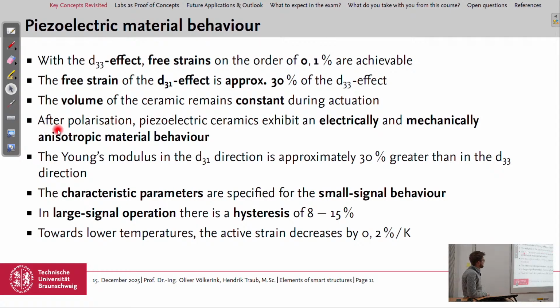After polarization, we get an anisotropic behavior electrically as well as mechanically. So also the stiffness of the material changes after polarization. For example, in one direction we have 60 gigapascals, and in the other direction only 40 gigapascals.